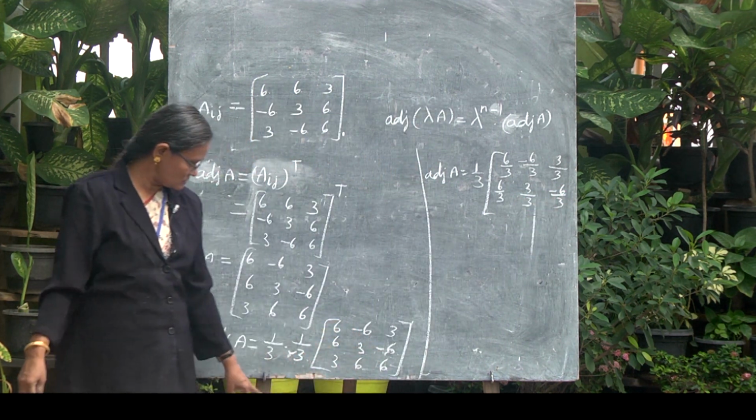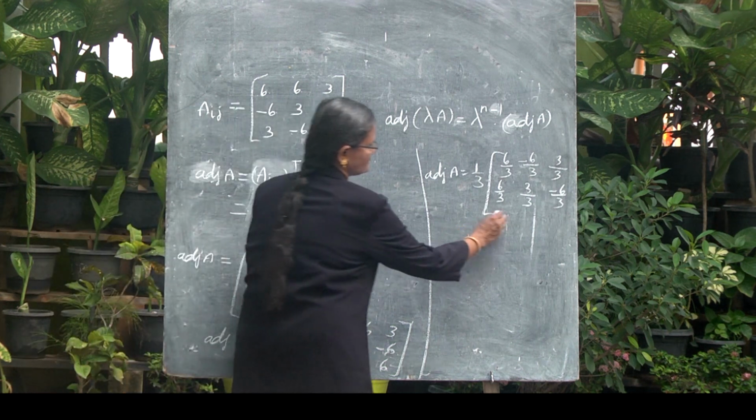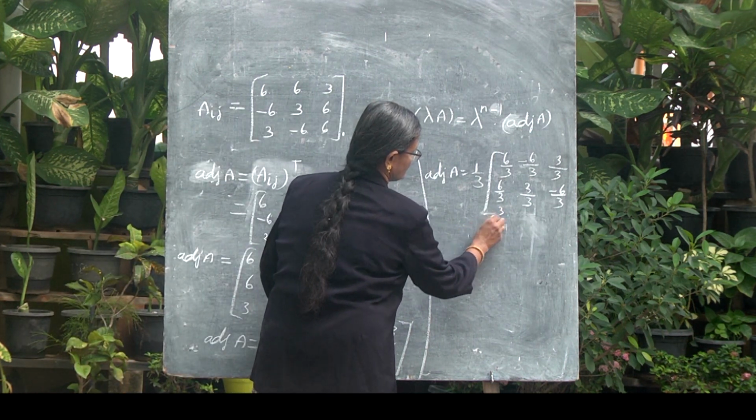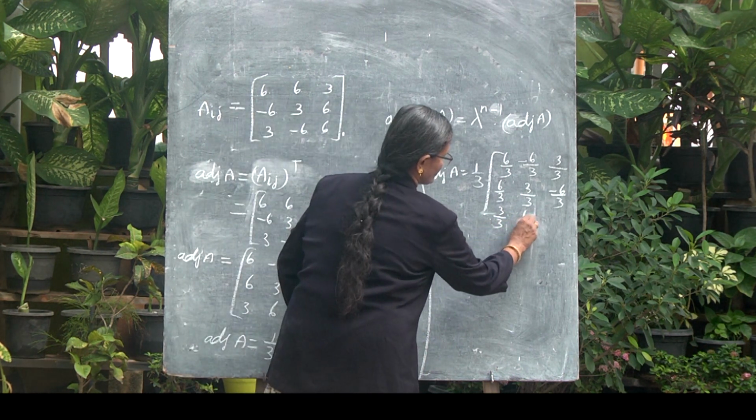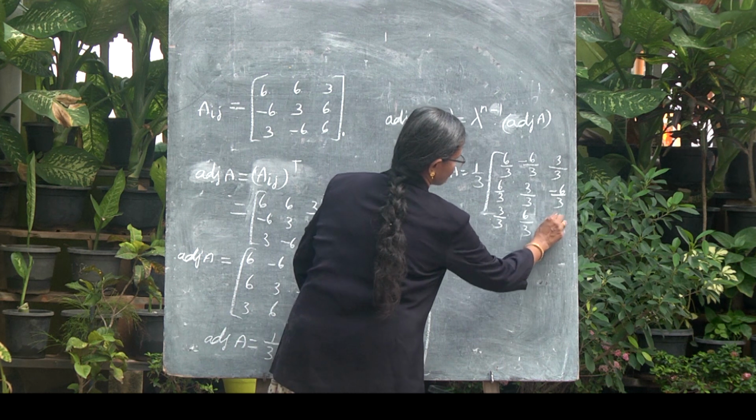What is the third row? 3 divided by 3, 3 divided by 3, then 6 divided by 3, last one 6 divided by 3.